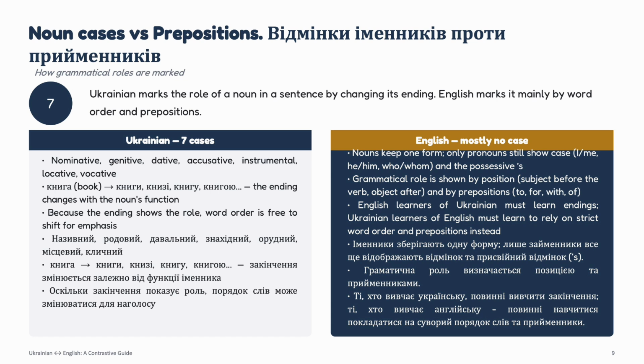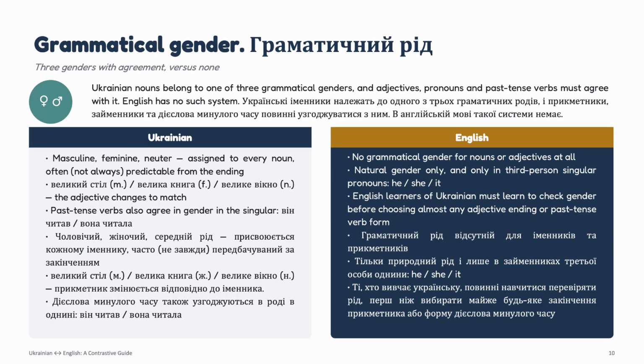So English learners of Ukrainian have to learn a whole system of endings, while Ukrainian learners of English have to learn to rely on strict word order and the right preposition instead. And this is exactly why sometimes you can see Ukrainian speakers write things like depend from instead of depend on, because we're just trying to translate a case ending using a preposition, which we don't need to do in English.